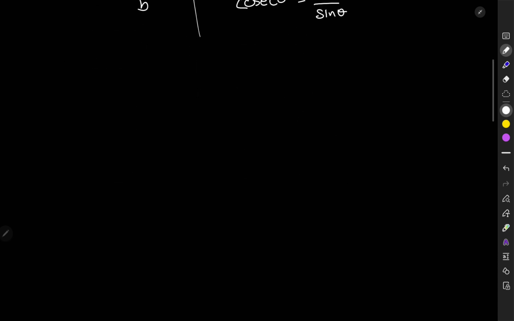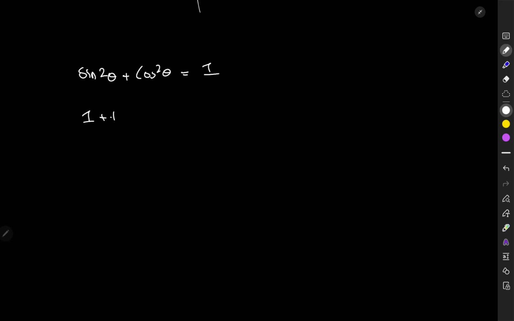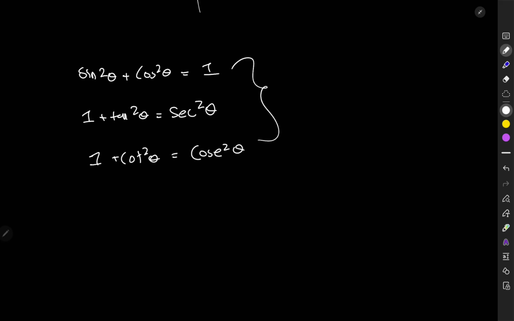Okay, and you must have already learned three important formulas, which are sine square theta plus cos square theta is equal to 1, 1 plus tan square theta is equal to sec square theta, 1 plus cot square theta is equal to cosec square theta. You must have already learned this in your 10th grade, right?